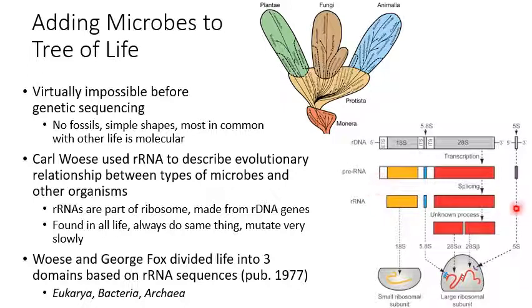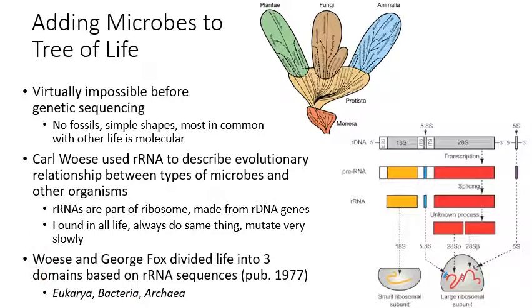So after processing, in this case, you're getting mature rRNA, not mRNA, because this is rRNA. So now you have your rRNAs, and those are going to go into the different subunits of the ribosome. When you look at this actual rDNA, you can see the sequence, and it's basically very close for different organisms, even if they're really far apart evolutionarily, because anytime something goes wrong here, you usually get a ribosome that doesn't work, and that means that cell is going to die.